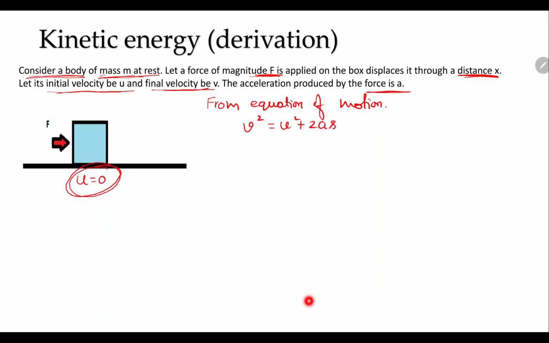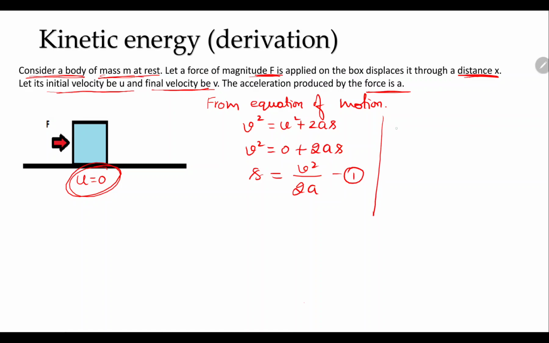Here, since initial velocity is 0, we get v square is equal to 0 plus 2as. So I need s, that is displacement, which is given by v square divided by 2a. This is equation number 1.